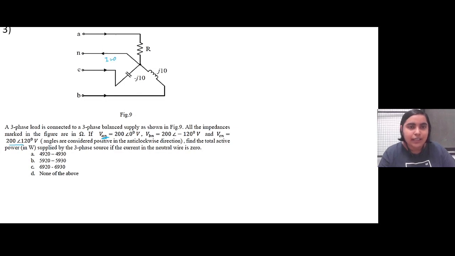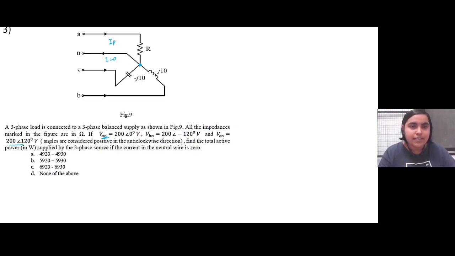There is a phase current flowing through each of the branches, and one branch is resistive, another has a capacitance, and the other has an inductance. So this is not typically what you have seen earlier. Here the three branches have different elements. Since KCL is valid at any node in a circuit, let us apply KCL here.